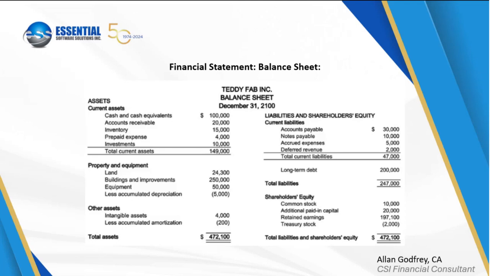So say that if you're a business, you decided to buy Teddy's Fabric Inc., and with that came 50 years of experience and a lot of customers and a lot of product lines and relationships with your vendors.